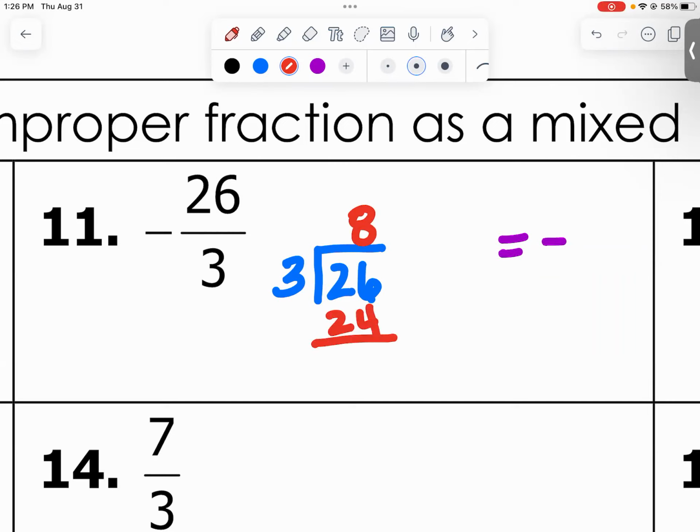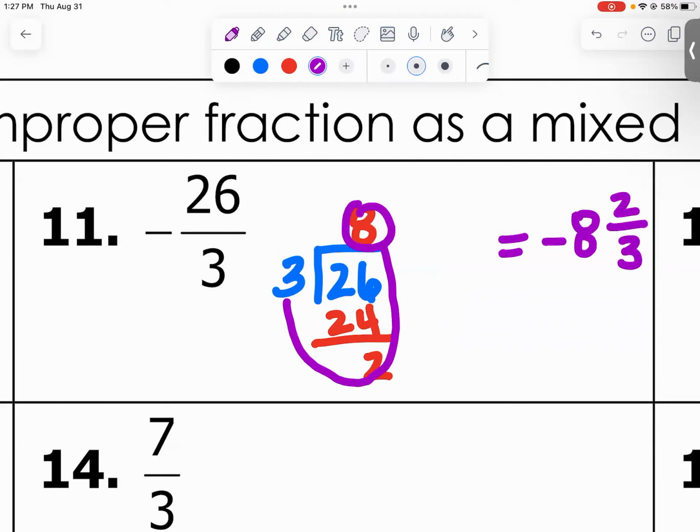Which means, Austin, what's our remainder? 26 and 24. Good. So our whole number is 8. And then we have the fraction 2 over 3.